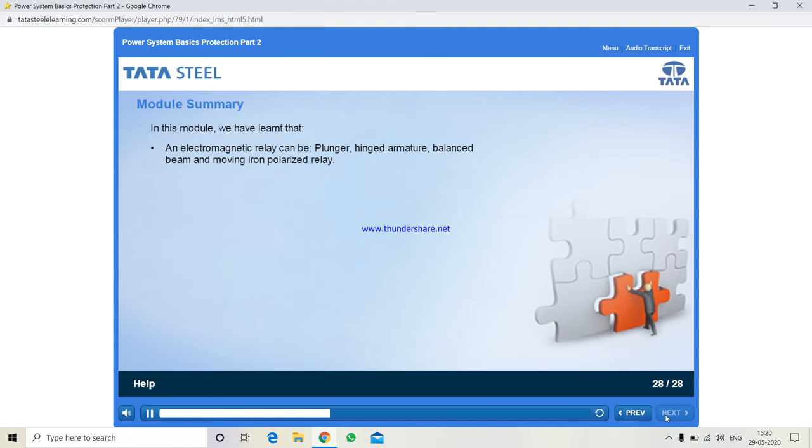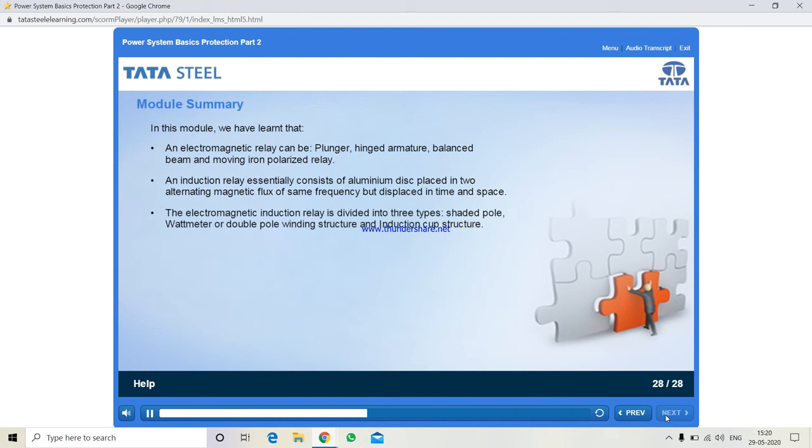An induction relay essentially consists of an aluminium disc placed in two alternating magnetic fluxes of the same frequency but displaced in time and space. The electromagnetic induction relay is divided into 3 types: shaded pole, wattmeter or double pole winding structure, and induction cup structure. The construction of relay is divided into contact, bearing, electromechanical design, termination, and housing.